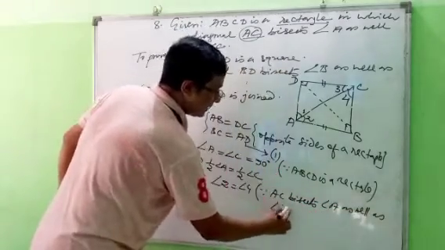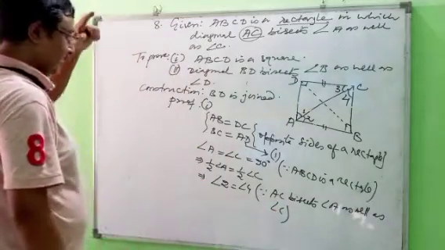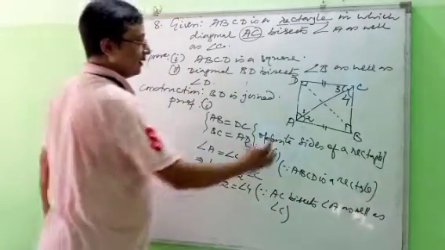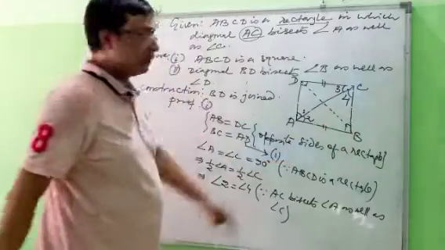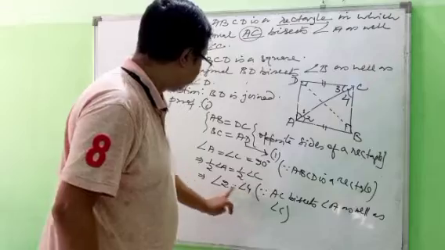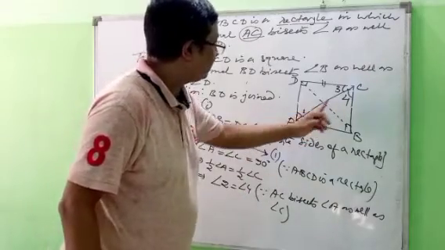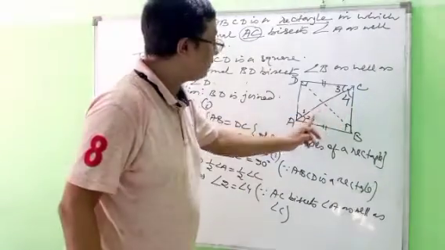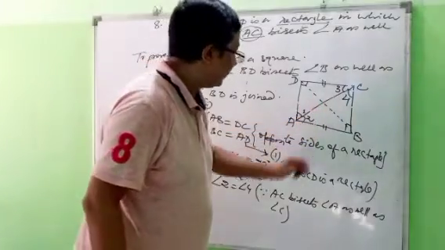Now in triangle ABC, the two angles are equal, so the opposite sides will also be equal.